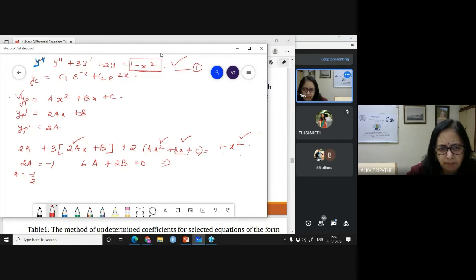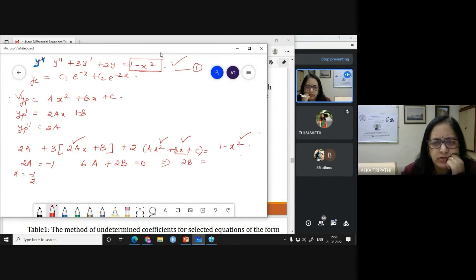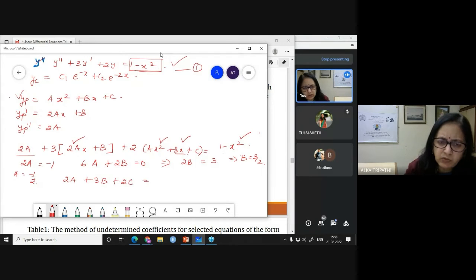So 2b equals 3, or you can say b is equal to 3 by 2. Is this correct? Next, comparing x to the power 0, I am getting 2a plus 3b plus 2c equal to 1.